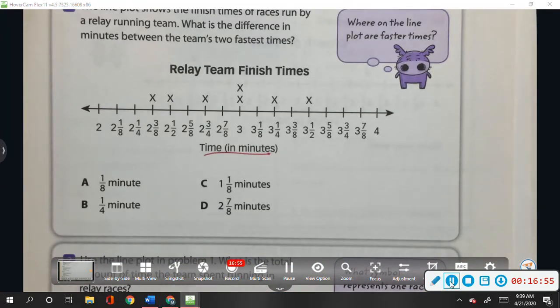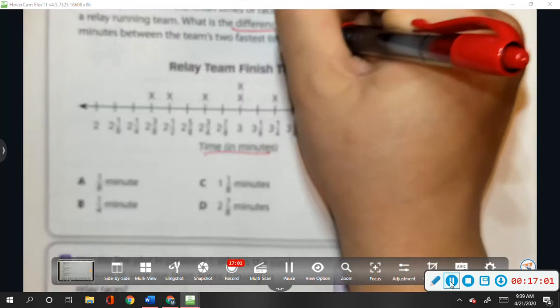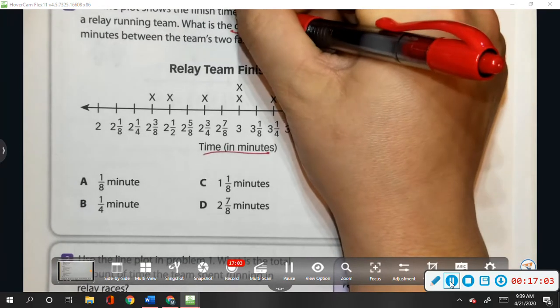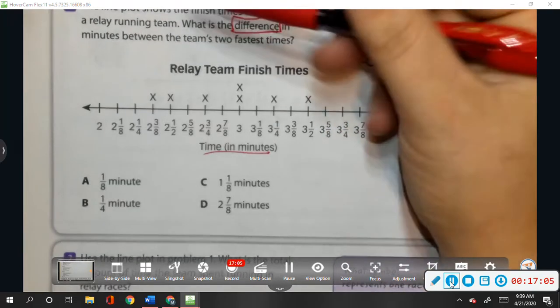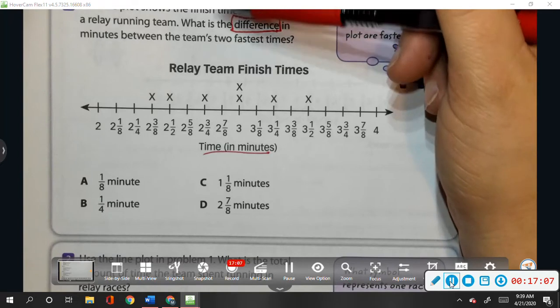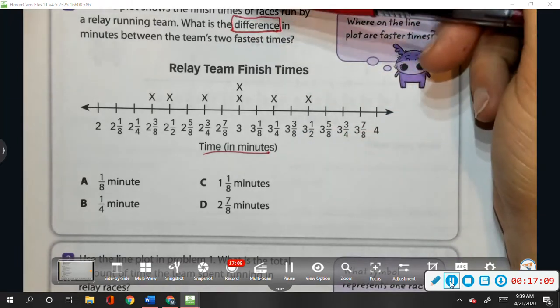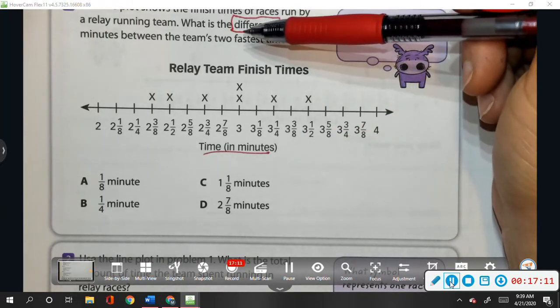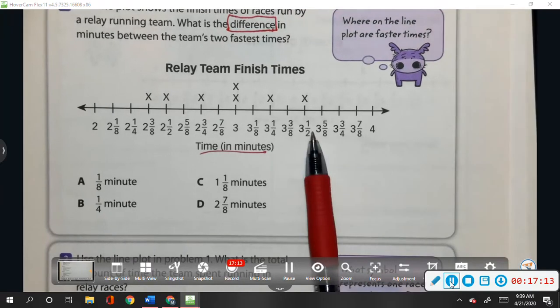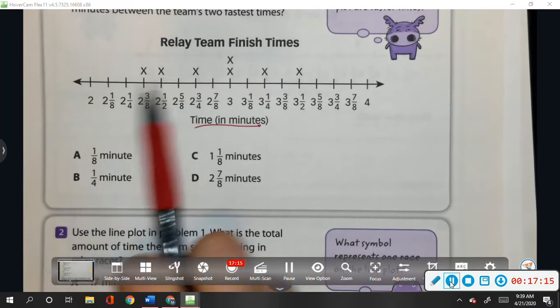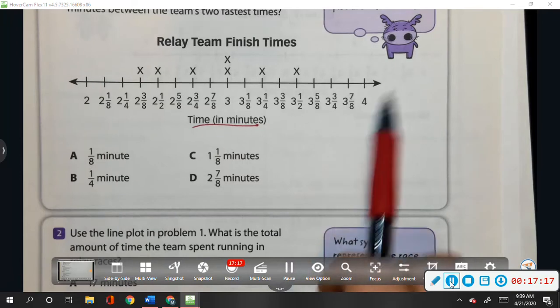And it's asking us what is the difference in minutes. So we want to read our line plot and find the 2 fastest times. So we're not going to be looking over here on our line plot because these times were slow. These times are going to be our fastest time.